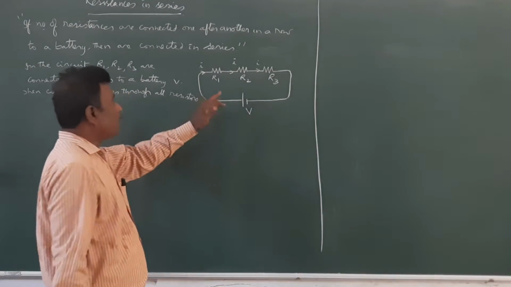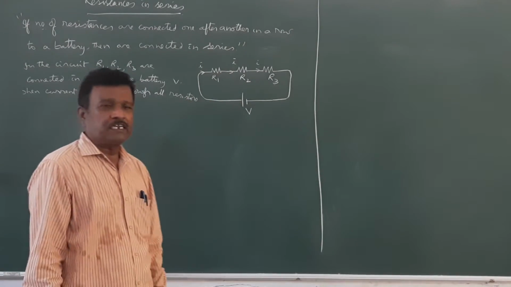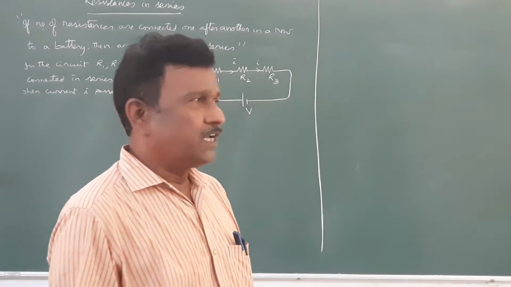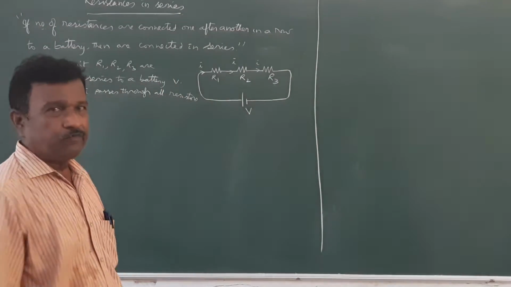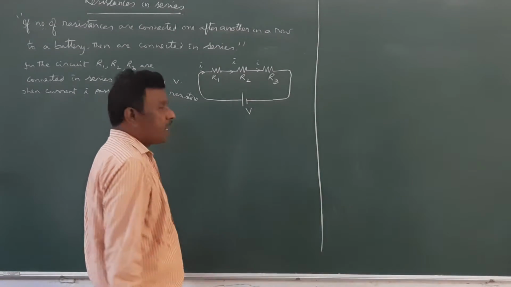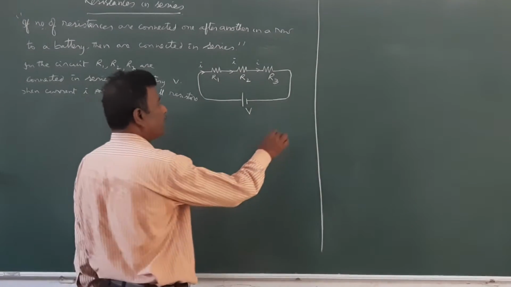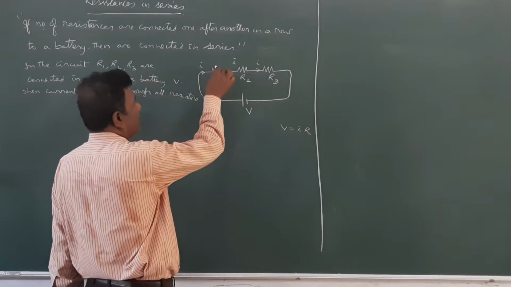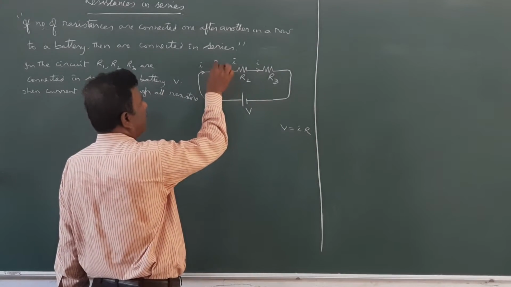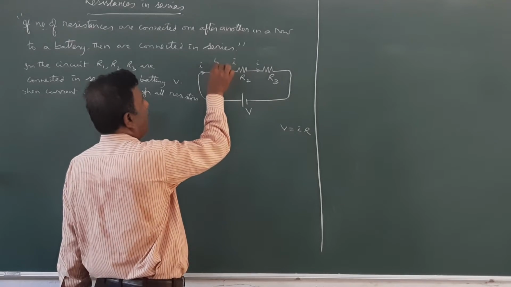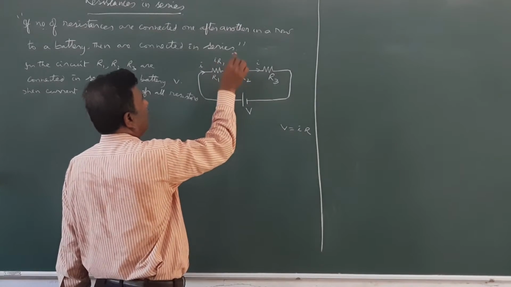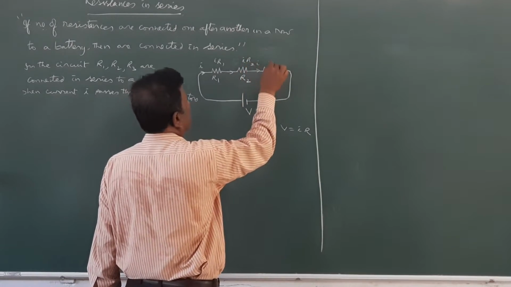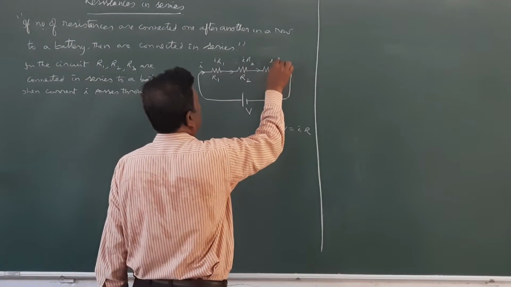Now, the potential difference across the resistors will be shared by all resistors depending on their resistance value. According to Ohm's law, V is equal to IR. Therefore, the potential difference across R1 is equal to IR1, across the second resistance IR2, across the third resistance IR3.